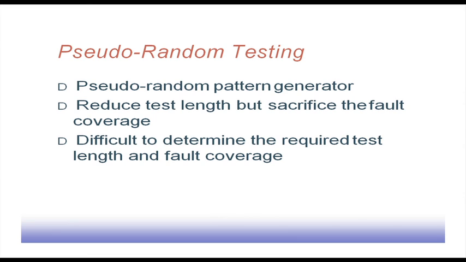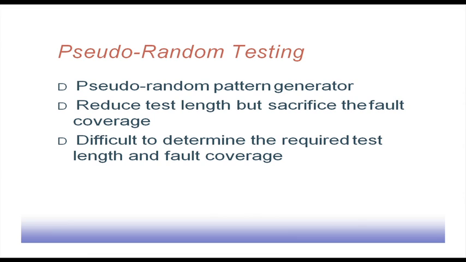So, what is the way out? The way out is to have some pseudo random pattern generated, so pseudo random testing has to be used. Here we do not apply all the patterns. We apply only a subset of patterns, knowing fully well that I will not get the same level of confidence as exhaustive testing.